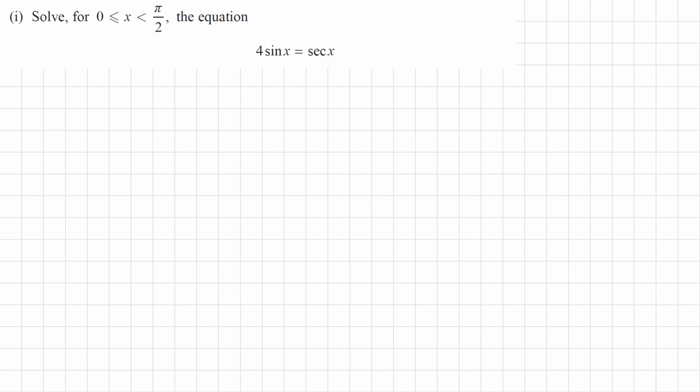Okay, so the first thing we're going to do is to write that sec x as 1 over cos x. Then we're going to times both sides by cos x to give us 4 sine x cos x is equal to 1.